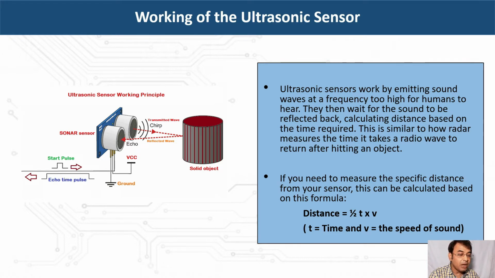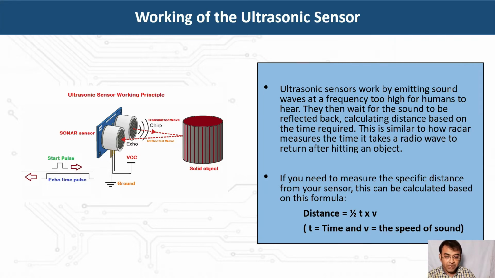This is similar to how radar measures the time it takes a radio wave to return after hitting an object. If you need to measure the specific distance from your sensor, this can be calculated based on this formula: distance equals half t into v, where t equals time, and v is the speed of sound.